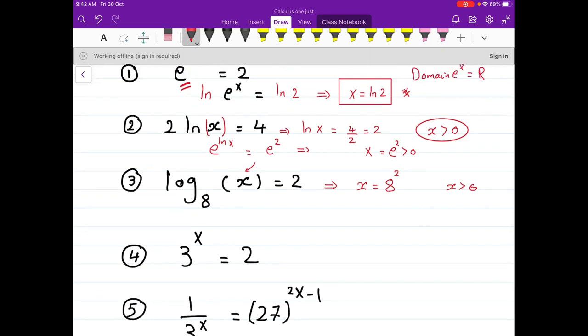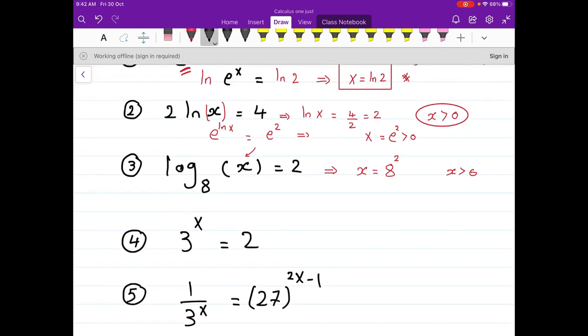Now 3 to the power x equals 2. When we have e to the power x equals 2, we take ln to both sides. Now, if the base is 3, we take log for the base 3 of both sides. If the base is 2, we take log for the base 2 of both sides. So take log base 3 of both sides: log base 3 of 3 to the power x equals log base 3 of 2.